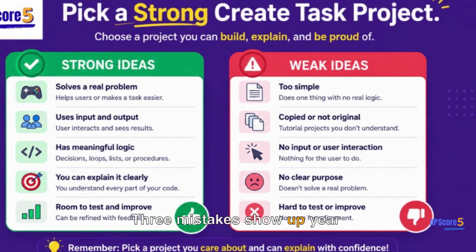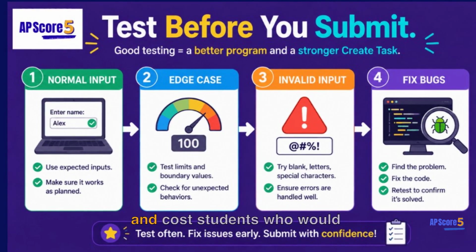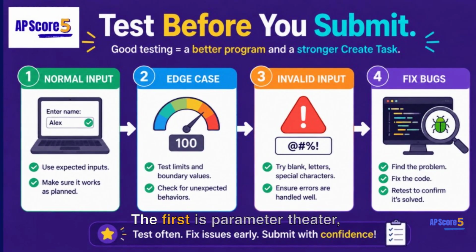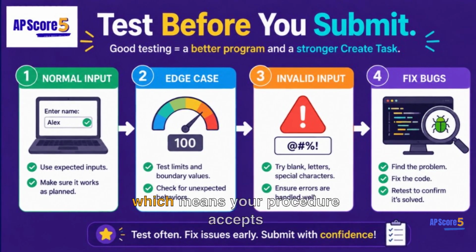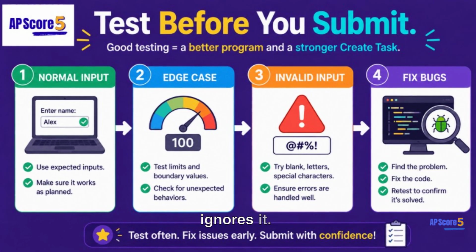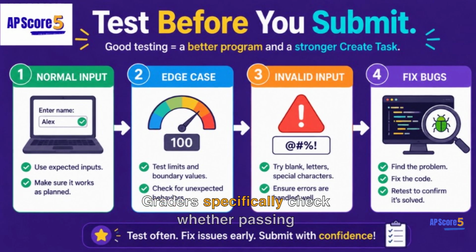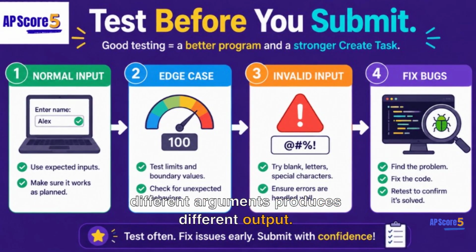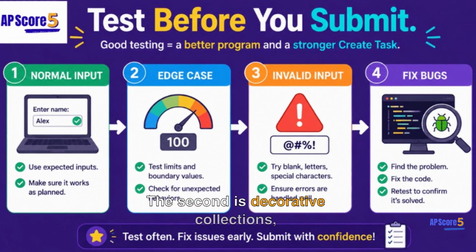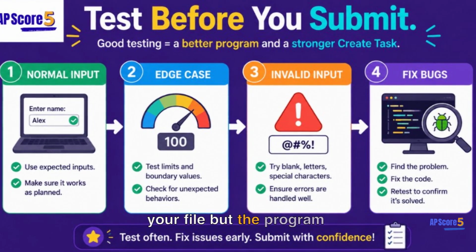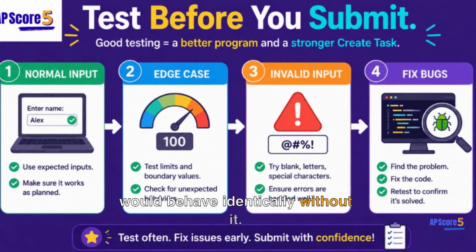Three mistakes show up year after year and cost students who would otherwise score well. The first is parameter theater, which means your procedure accepts a parameter, but the body ignores it. Graders specifically check whether passing different arguments produces different output. The second is decorative collections, where a list exists in your file, but the program would behave identically without it.